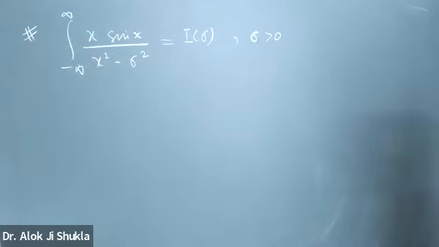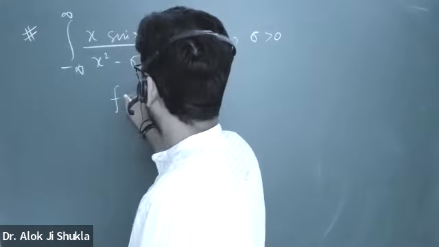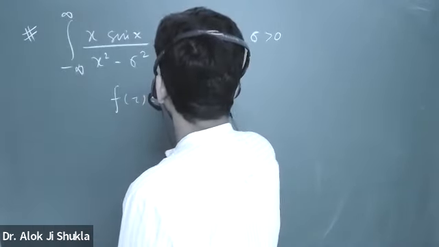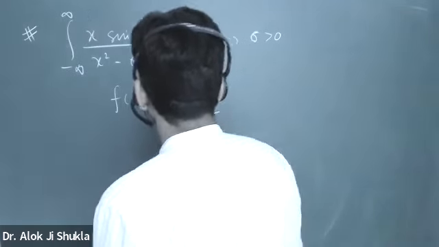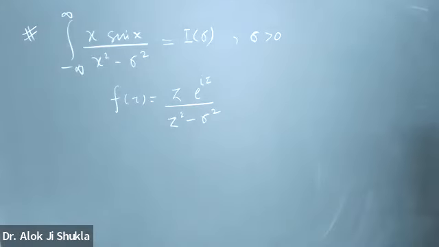Now what we can see is that I can write f(z) as z e to the power iota z over z square minus sigma square, and I will consider the imaginary part of the answer.